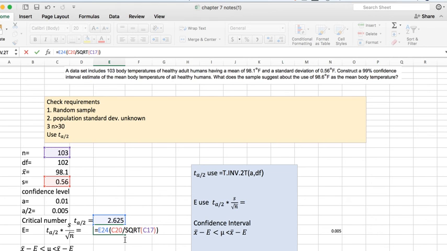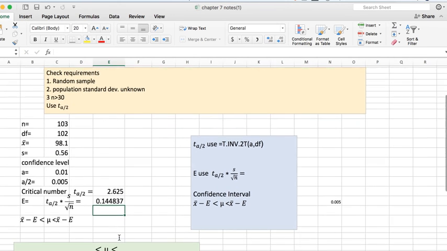And if we're going to multiply this, we need our little asterisk. And let's find out our margin of error. See if I got it. 0.144.